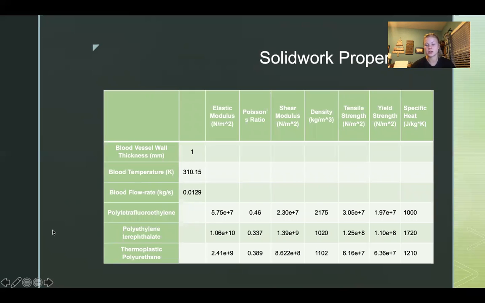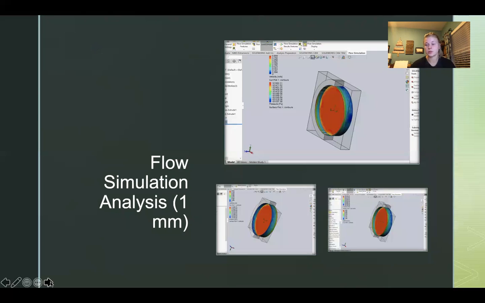So these are my solid work properties. I researched the properties because I needed them to mimic the material I was looking for. And these are my flow simulations. All of these pictures are of the 1 millimeter long blood vessel.